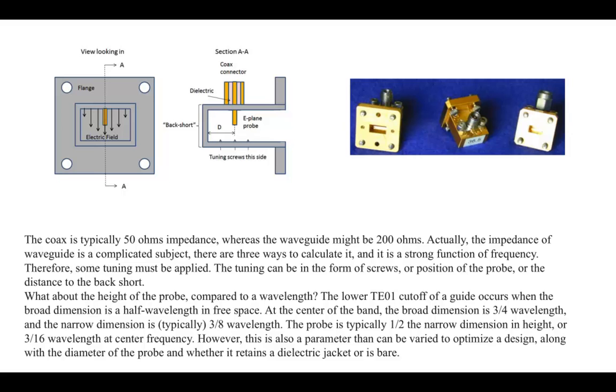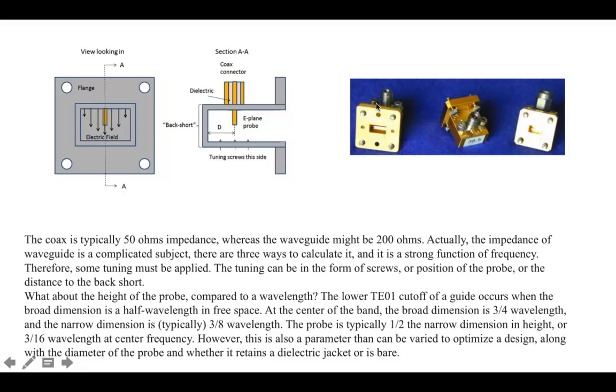With good simulation software now, we are able to get much better design before fabrication, but even then there's some experimental tuning that goes on because it's just very hard to effectively simulate all of this.